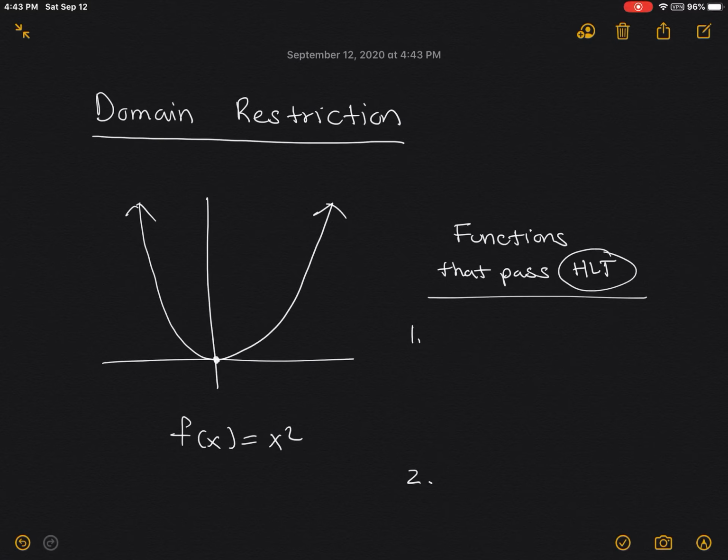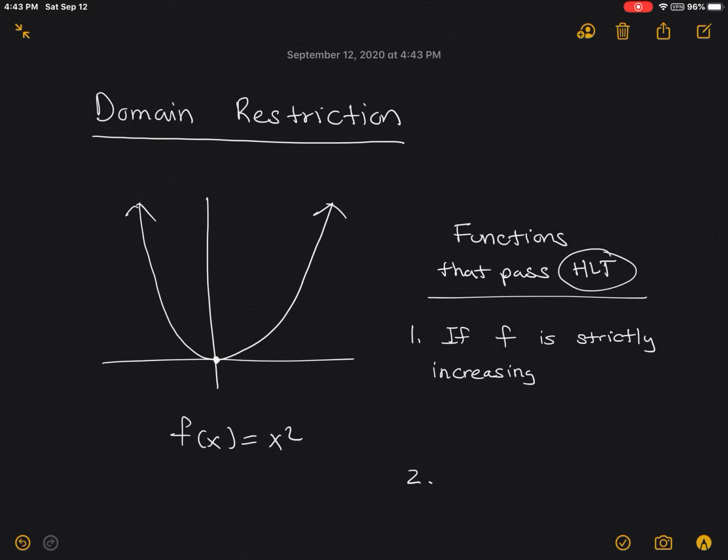And what is true in general about functions that pass the HLT? Well, any function that passes the HLT is strictly increasing on its entire domain. Strictly just means entirely.